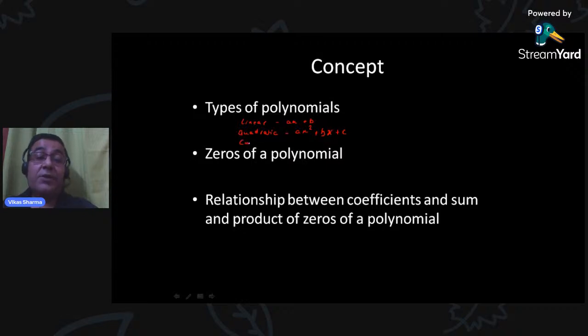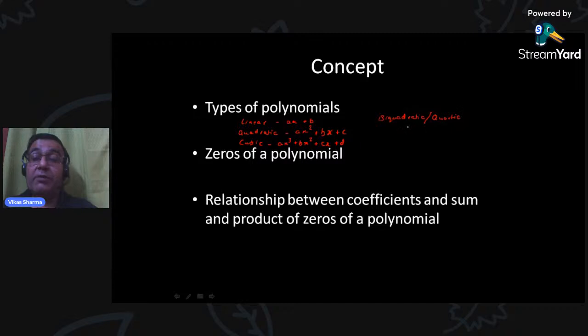Then there is a cubic polynomial, which is of the form ax cube plus bx square plus cx plus d. And then there is a biquadratic polynomial, which means it consists of two quadratic factors, and it is also called a quartic polynomial.